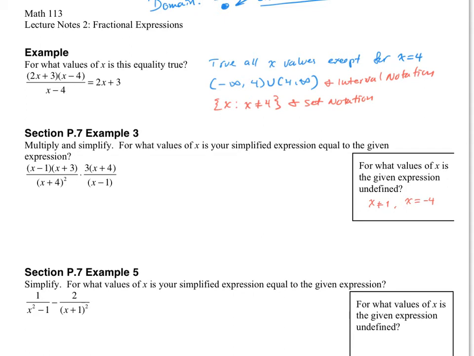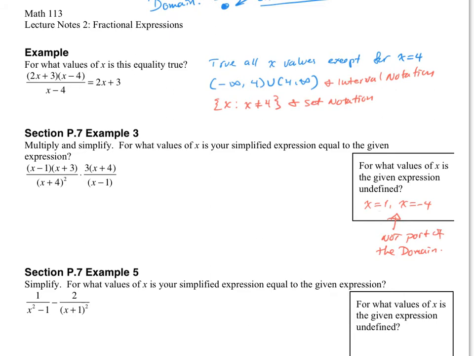So the expression is undefined when x is equal to 1 and when x is equal to -4, because they are not part of the domain. So 1 and -4 are not part of the domain, and that's what makes the expression undefined.